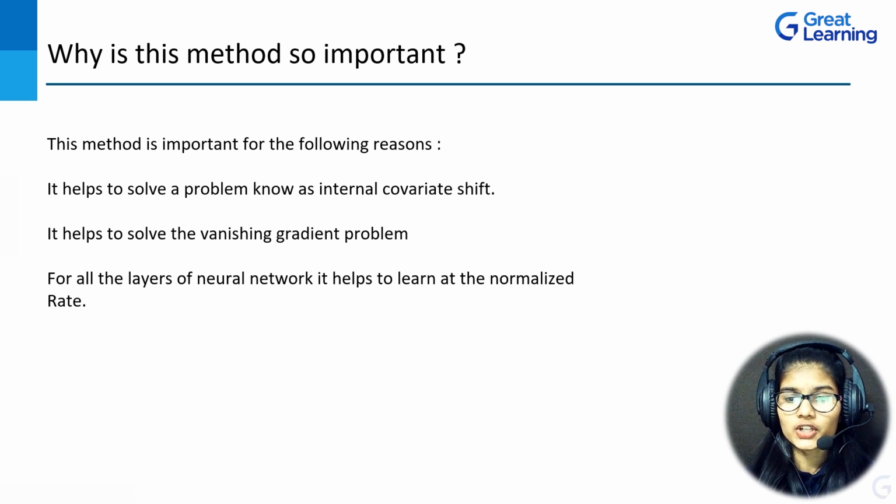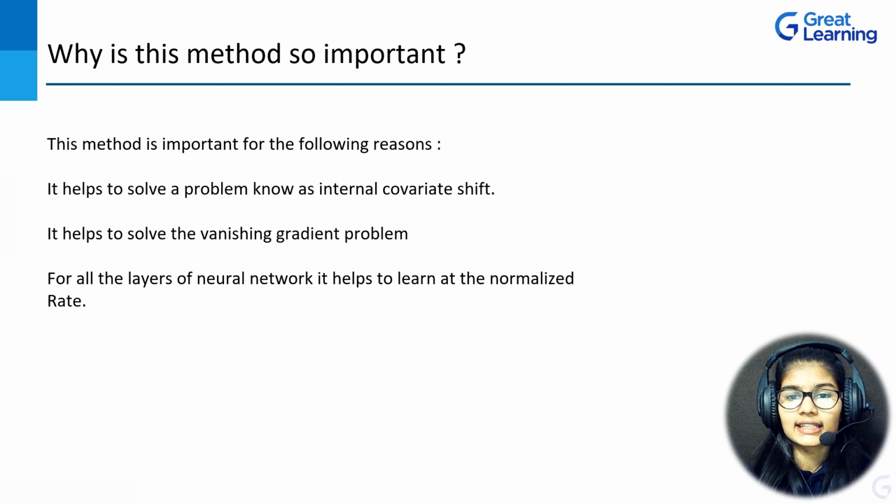One slight change in the training is surely going to affect other things as well. So when the network parameters change during training, there is a change in the distribution of the network activations. This procedure is known as internal covariate shift.